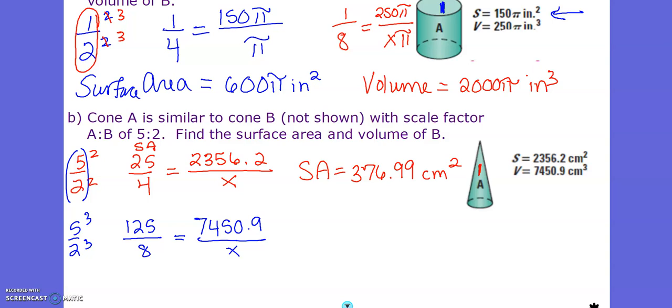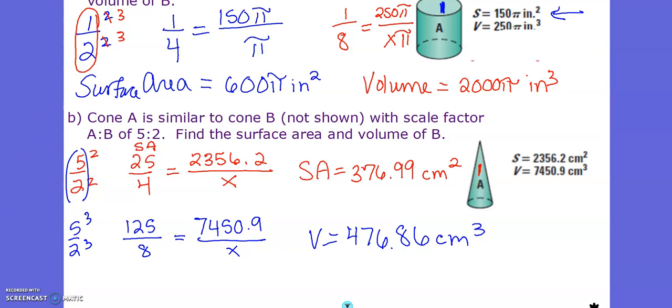So we're going to have 7,450.9 times 8, but divided by 125. And this will give me my new volume of 476.86 if I round it to the nearest hundredth, centimeters cubed for volume.